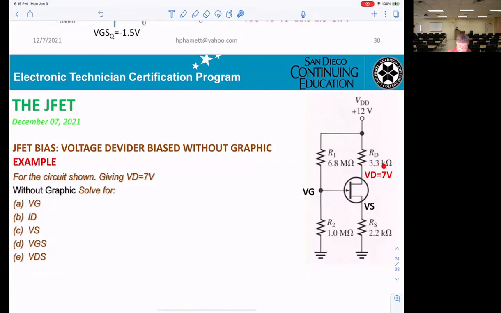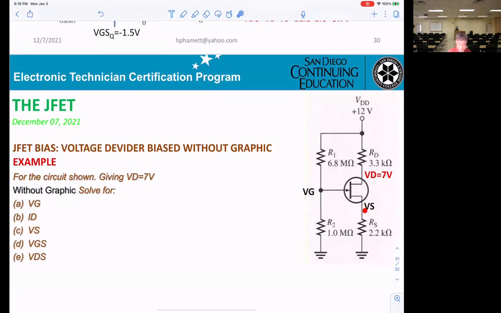Without graphic, they give you VD equal 7 volt. So now you can calculate the ID easily. ID will be equal to VDD minus VD divided by RD. Okay, so that's how you get ID. And you get VG right here, voltage divider.